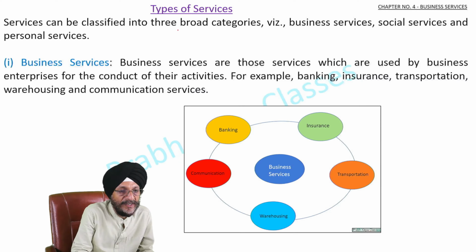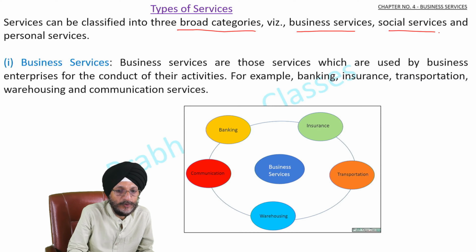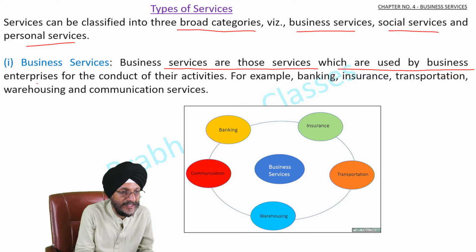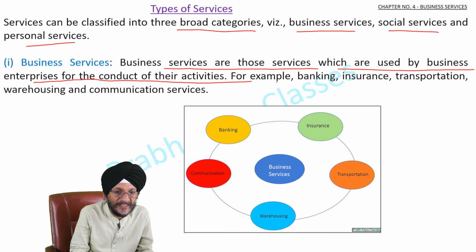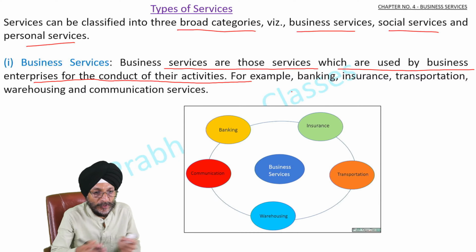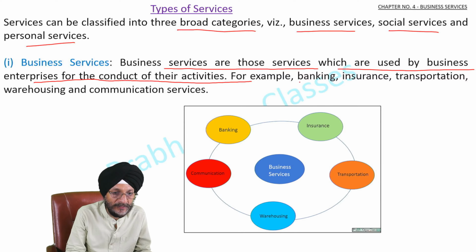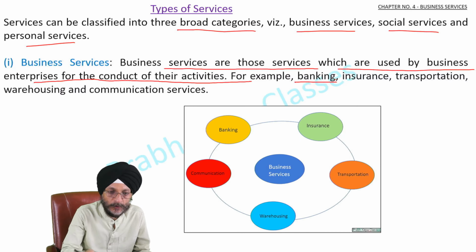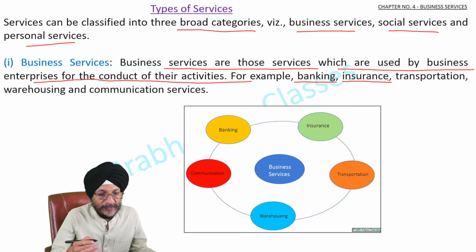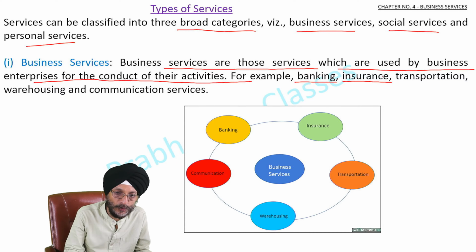Services can be classified into three broad categories: business services, social services, and personal services. Business services are those services which are used by the business enterprises for the conduct of their activities. If you are a businessman, you are using the banks for performing various activities like taking a loan or depositing your cash. We may be availing the services of insurance to insure our employees or to insure our shop or our stock.